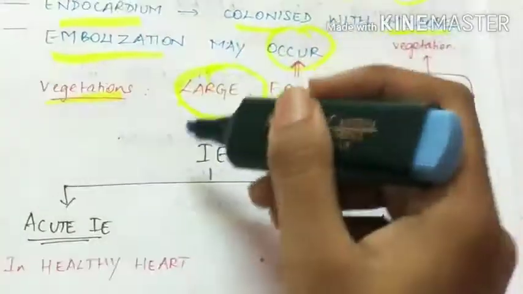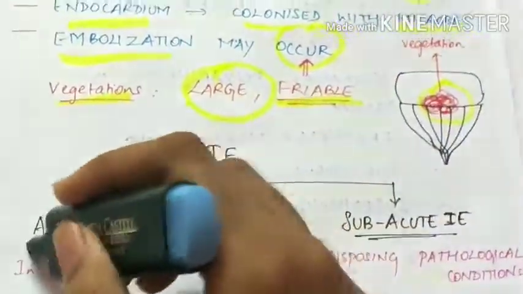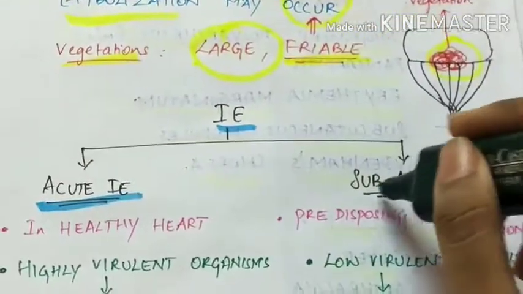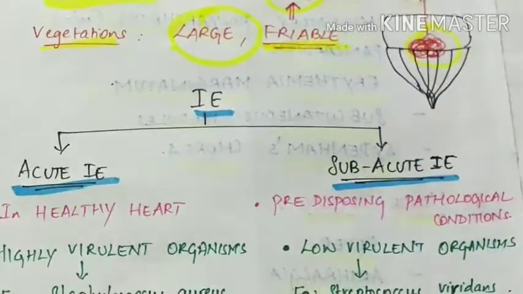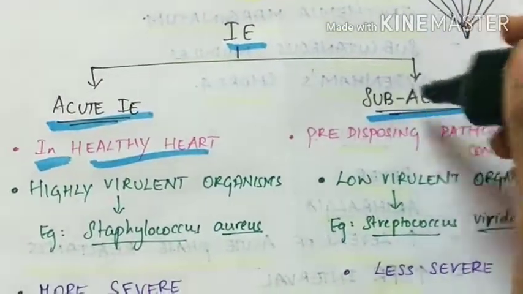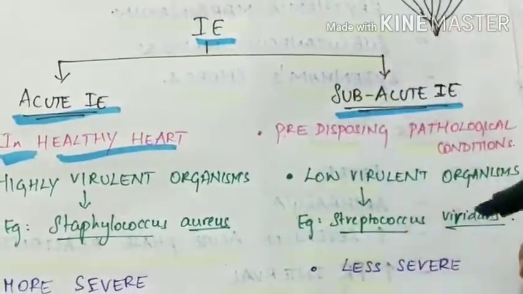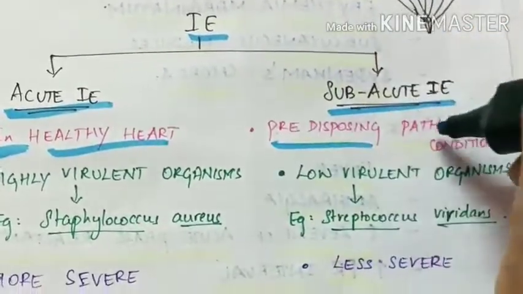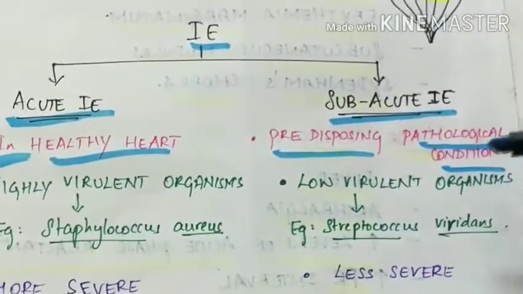Infective endocarditis is of two types: acute infective endocarditis and subacute infective endocarditis. Acute infective endocarditis occurs in a healthy heart, while subacute infective endocarditis occurs when there are predisposing pathological conditions.